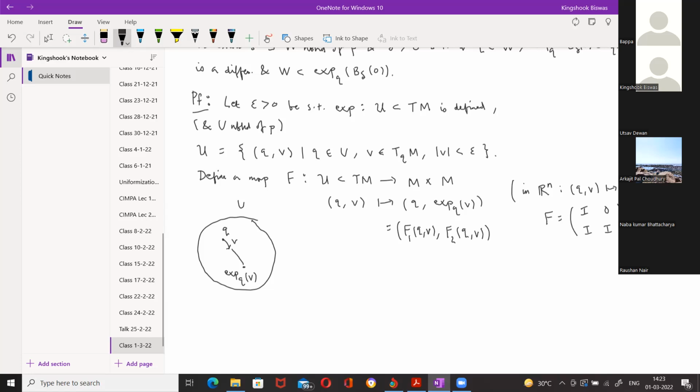Why is this map invertible? Because basically, if I give you a pair of points in this ball, suppose we were in R^n, then the starting point is determined. So the Q is determined, and the vector is determined. It's just the end point minus the starting point.